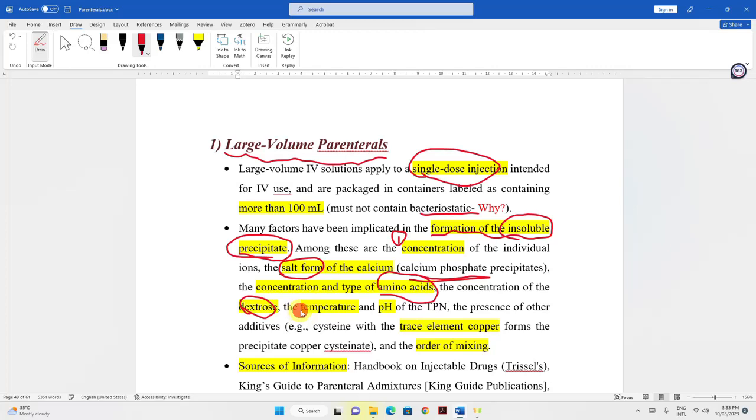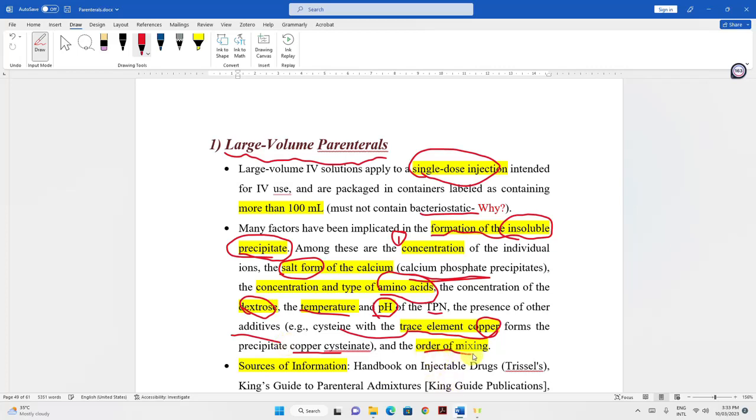Okay, the temperature. Maybe something is soluble, and when you put it in the refrigerator it might precipitate. The pH of the total parenteral nutrition. Okay, the presence of additives. For example, in some cases we are adding copper as trace elements, and when there is the amino acid cysteine, a precipitate of copper cystinate might form.